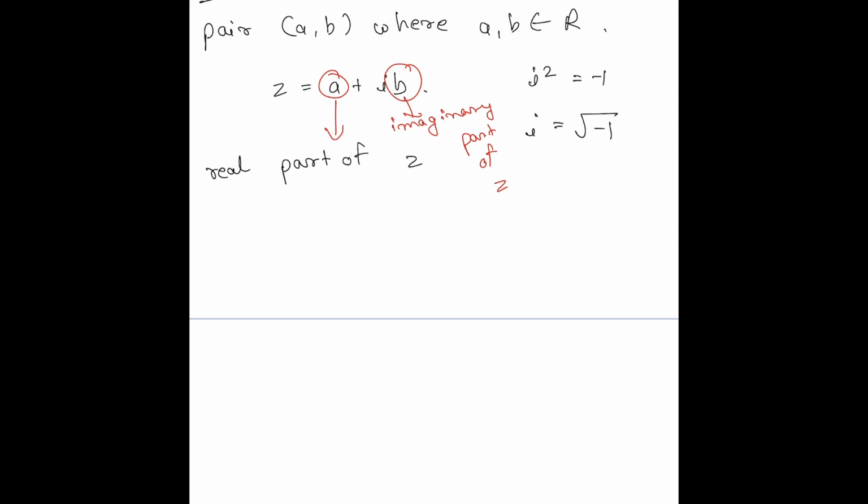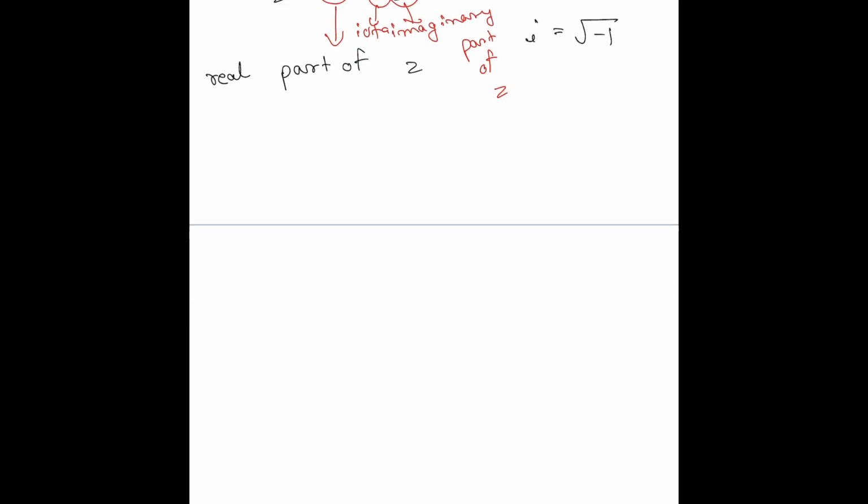And i is iota. For writing the set of complex numbers, we can write C is equal to {a + ib : a, b belong to the real numbers}. So this is our set of complex numbers.